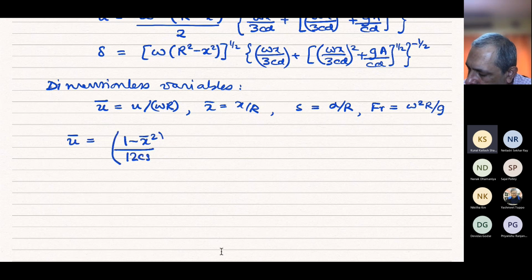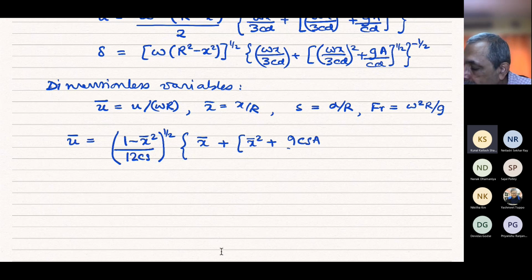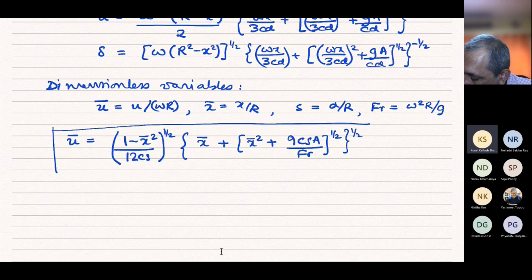So you have this term as the prefactor, and then you'll have x bar plus x bar squared plus 9CSA divided by the Froude number raised to the power of half, and then this whole thing raised to the power. So this is what you will get.